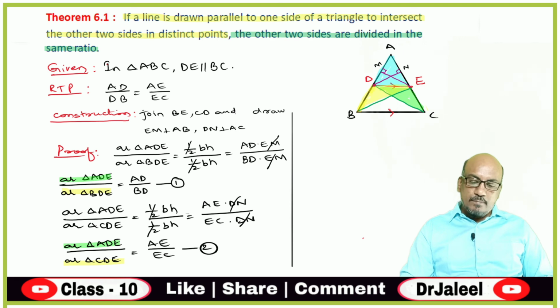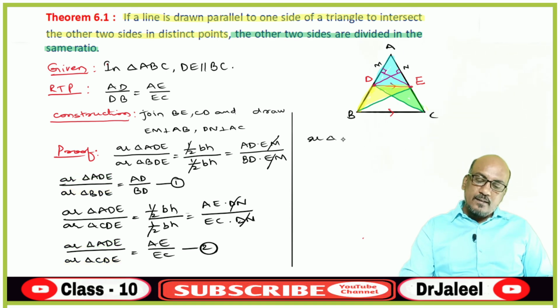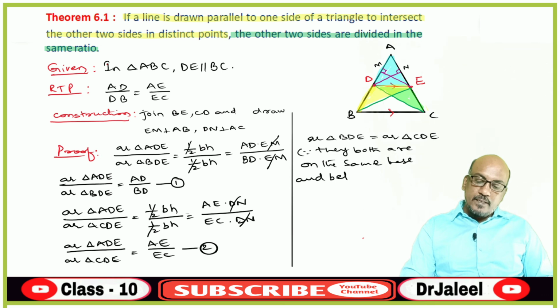Let us first mention that area of triangle BDE is equal to area of triangle CDE. Why is it? Because they both are on the same base and between the same parallels.